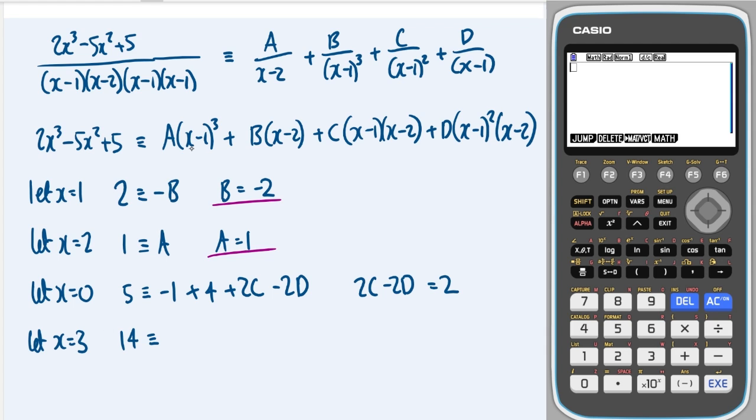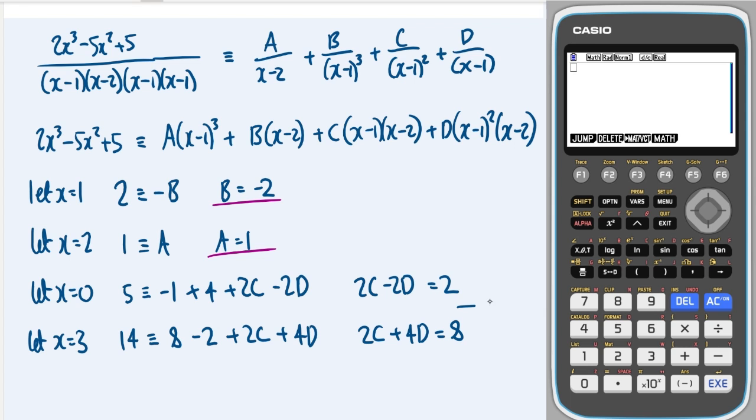And we're going to get here 2 cubed is 8, so 8a, a is 1, so that's just 8. 3 minus 2 is 1, and b is minus 2, so that's just minus 2. And we're going to get 2 times 1, which is just 2, so 2c. And that's going to be 2 squared is 4, times by 1, so 4d. So it looks like we've got 2c plus 4d, and that is going to be 6, so that's going to be equal to 8.